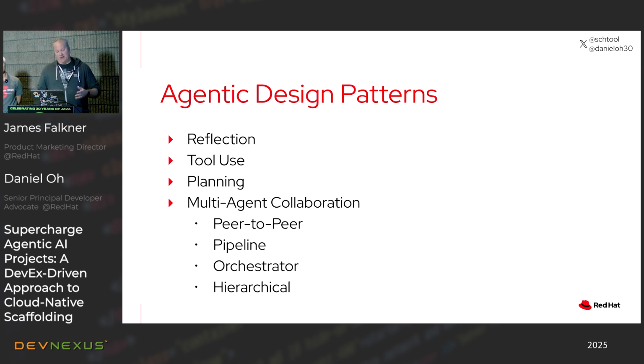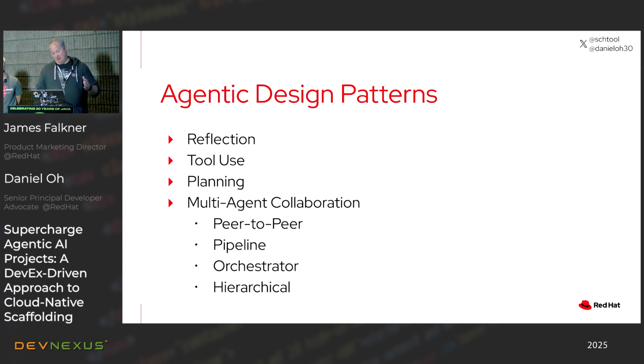And then you get into multi-agent collaboration, where you have multiple agents or multiple LLMs. They can be constructed in various different ways. You can have peer-to-peer, where you have essentially two agents with specialized capabilities, specialized skills. Maybe one's really good at writing poetry, maybe one's really good at fixing grammatical errors, and you can combine those into a multi-agent collaboration architecture.